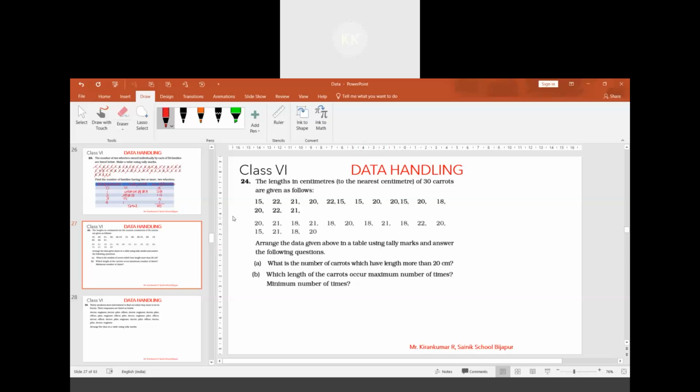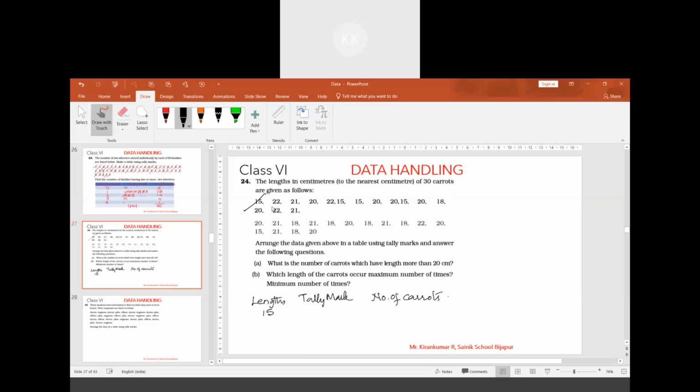So let me write it here. These are the lengths. This is tally mark. This is the number of carrots. The smallest one is 15 centimeters.